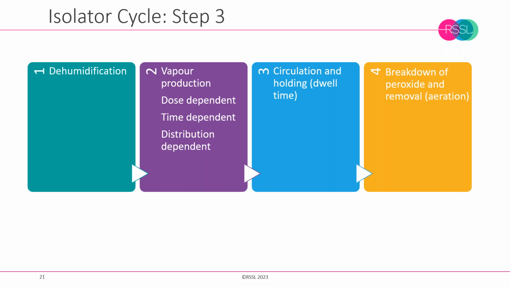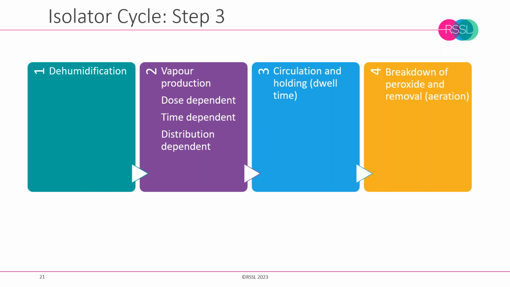So we're undergoing an initial conditioning process. We need to make sure that the initial temperature and humidity inside the isolator is optimized before we undergo vapor injection.